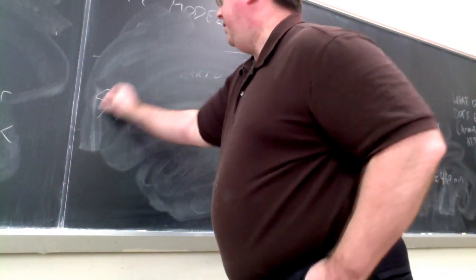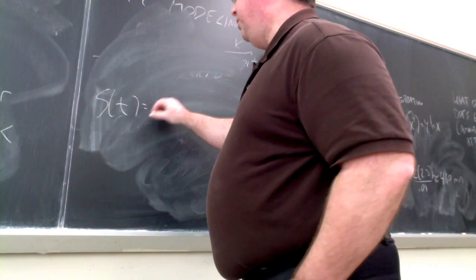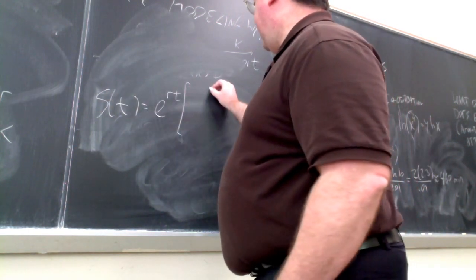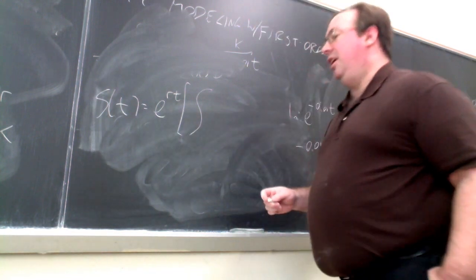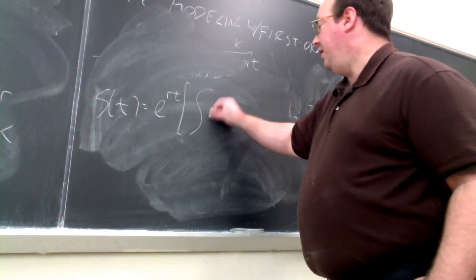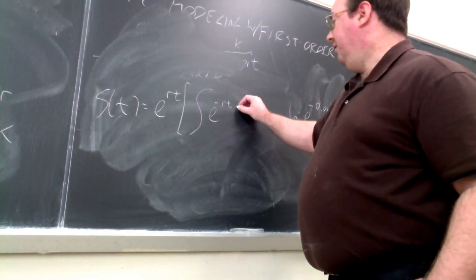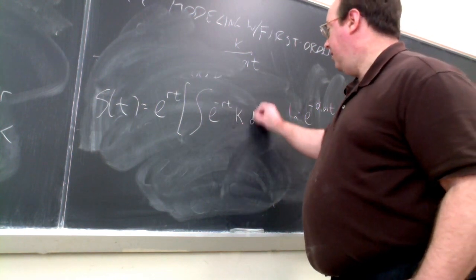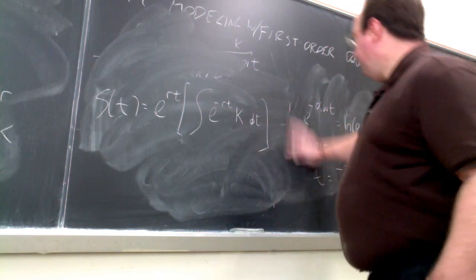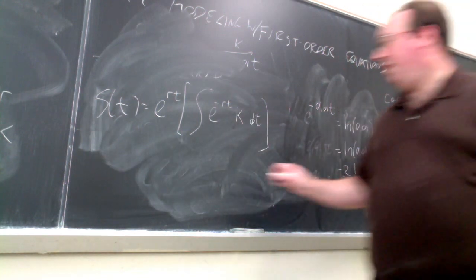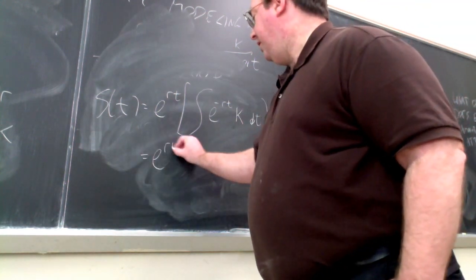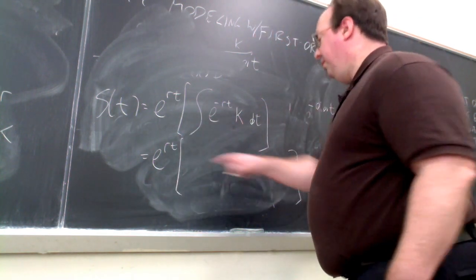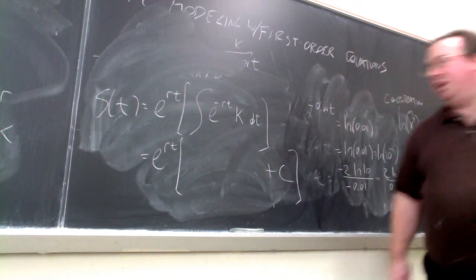So S of t is equal to 1 over that, so that's e to the rt, times the integral of your integrating factor, e to the minus rt, times your q, which is k. When you integrate, don't forget the plus c, and it's still going to be multiplied by the e to the rt.